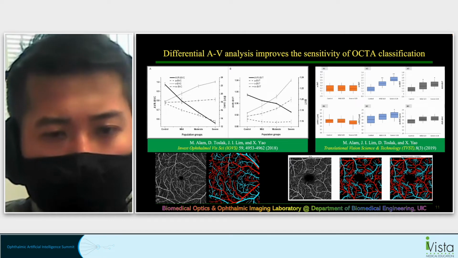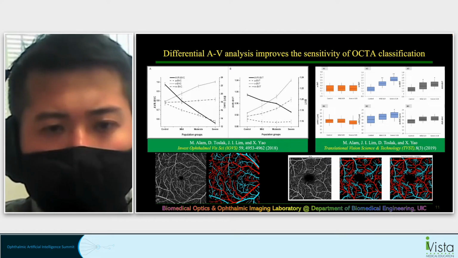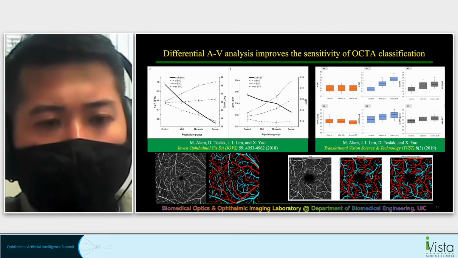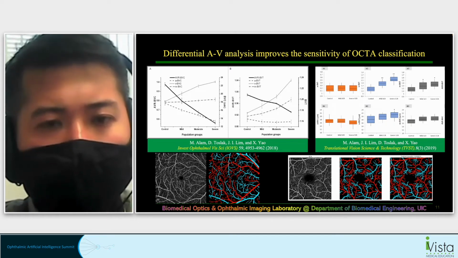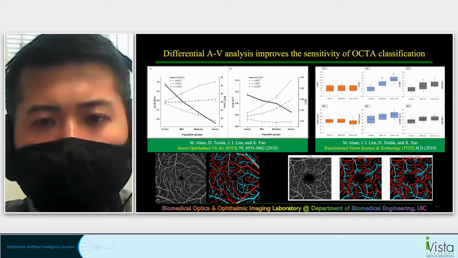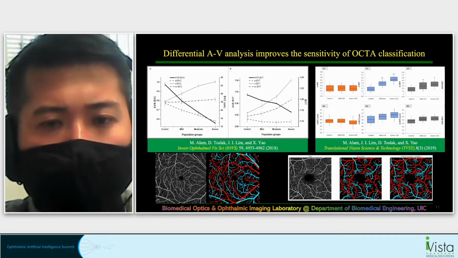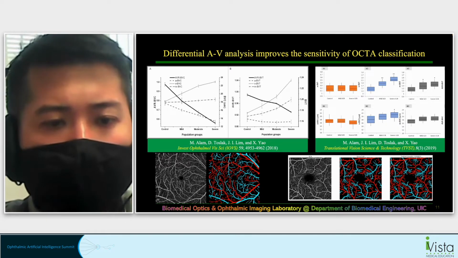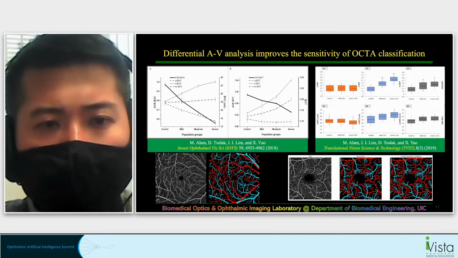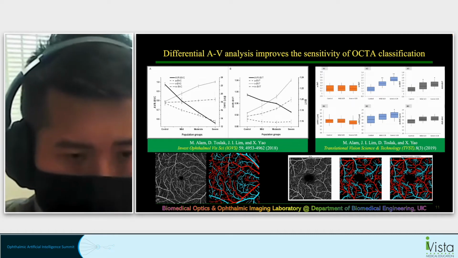The arteries constrict as the stage of the DR progresses, whereas the veins dilate with disease progression. Now, taking the ratio of the artery and vein vessel caliber increased the ability to differentiate the stages. We performed a similar analysis for sickle cell retinopathy, and in this study, we revealed that most of the changes in SCR occur in the vein.